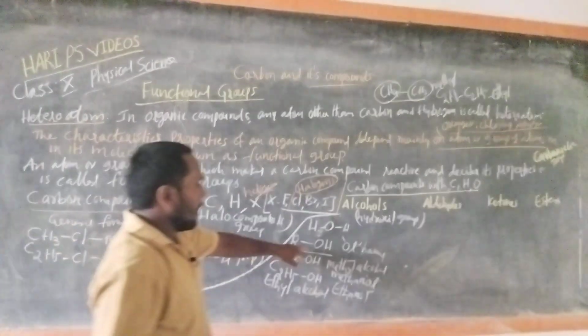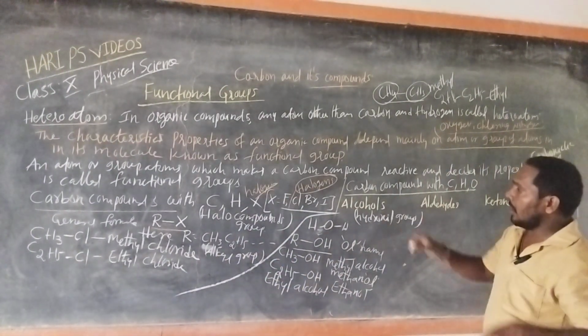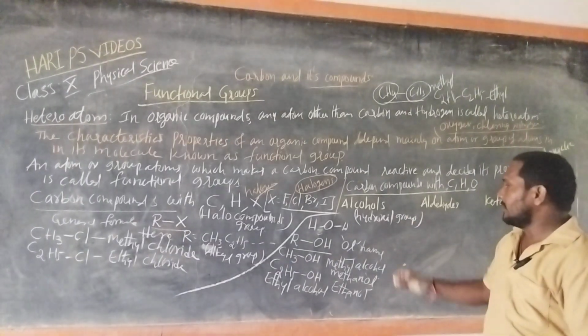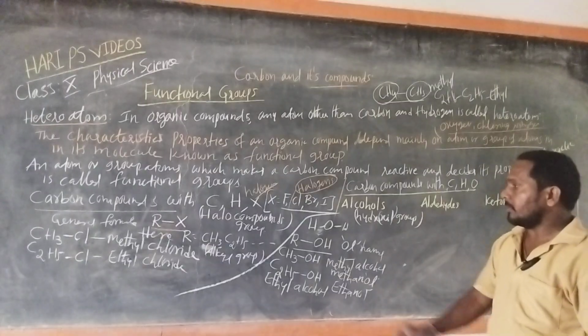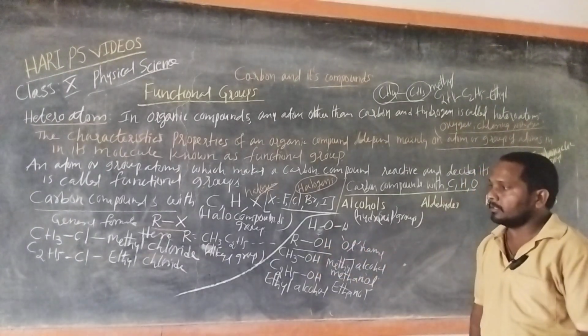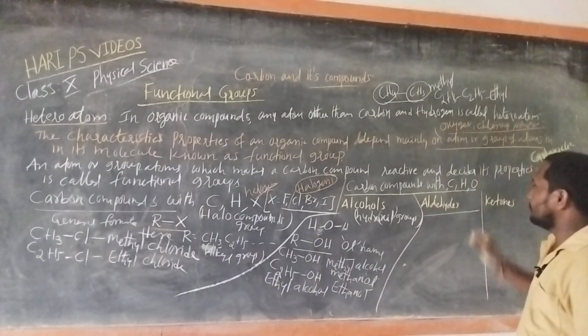So the general formula OH can be pronounced as ol. This alcohol group is also called the hydroxyl or hydroxy group or alcoholic group. ROH, ol, CH3OH. Then one more is aldehydes.